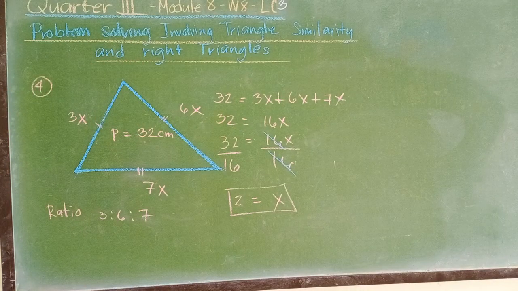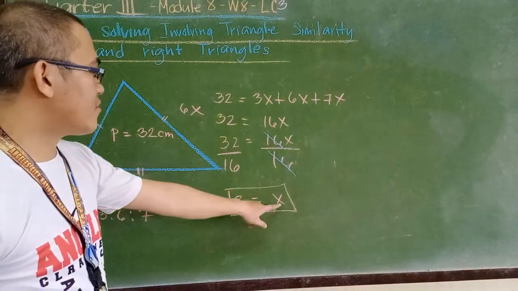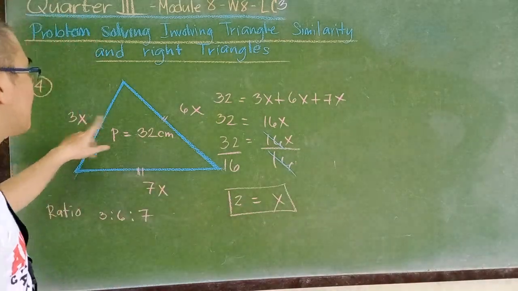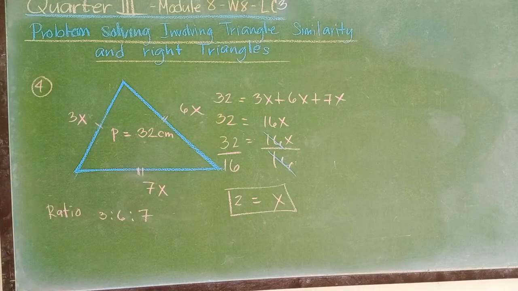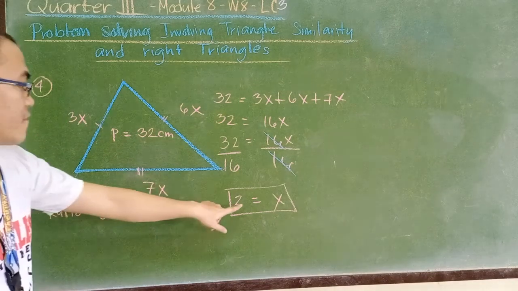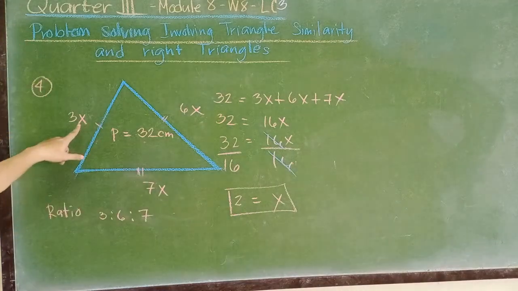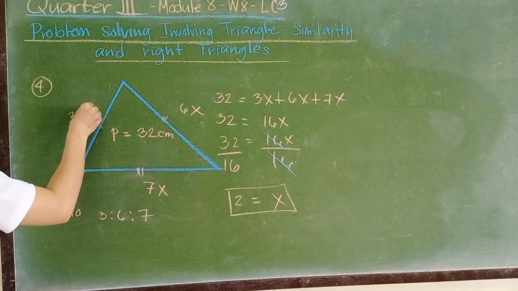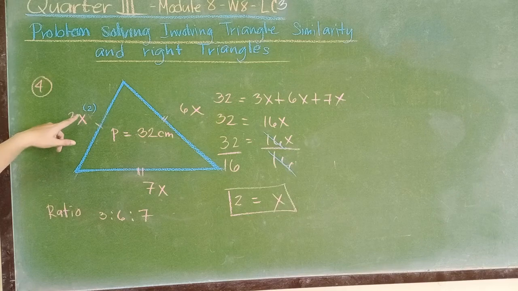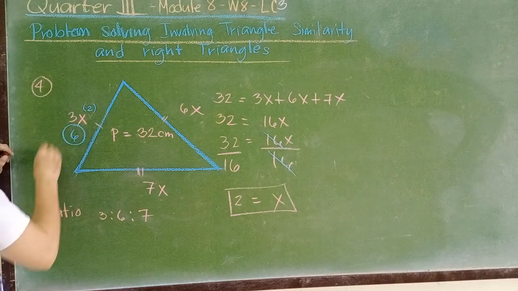So, next na gagawin natin ngayon is yung value ng x which is 2, ipapalit natin dito sa mga variable natin, dito sa mga ratio, yung x na kasama ng mga ratio. So if x is equal to 2, yung x na yun pwede ko palitan ng 2. So ngayon pwede ko i-multiply yung 3 tsaka yung 2. 3 times 2, that will be 6.